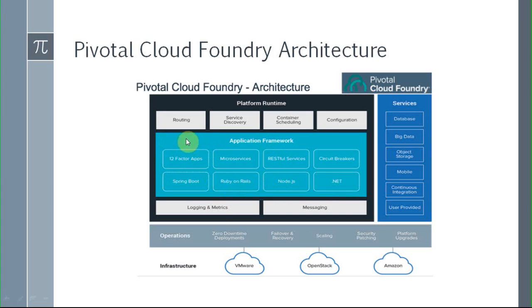And here you see 12 factor app. 12 factor is actually 12 principles. These principles can be used when you are designing applications, also distributed applications.